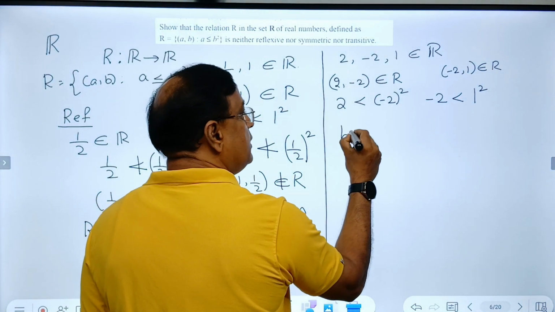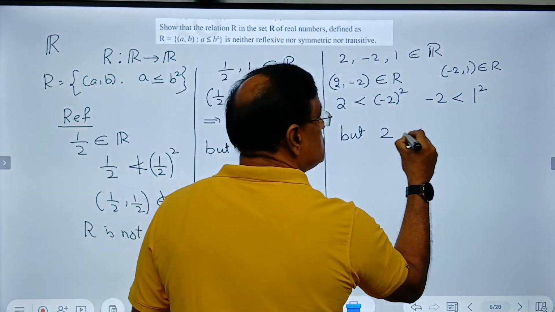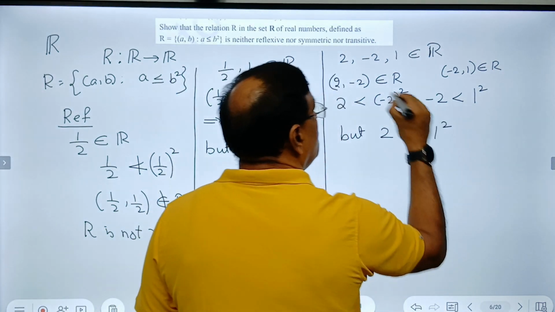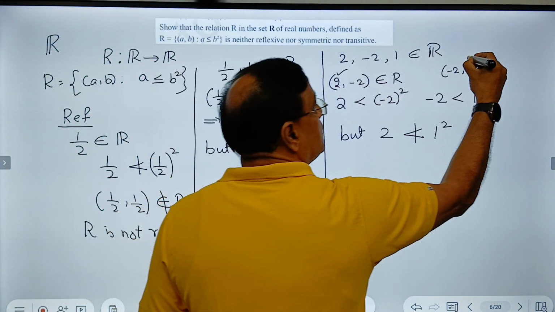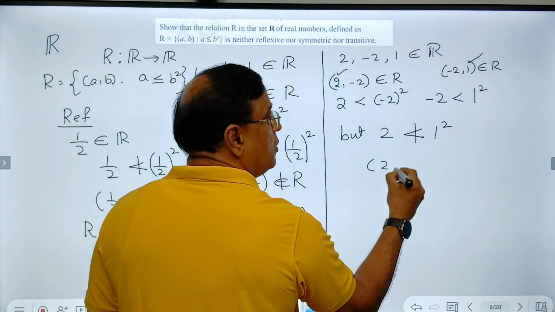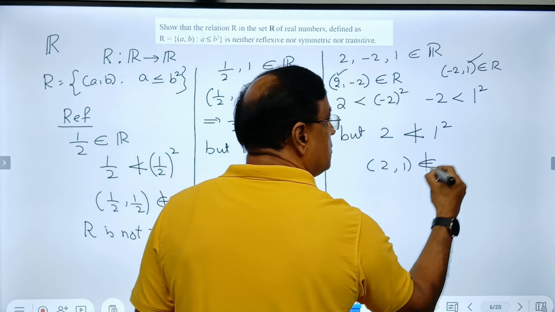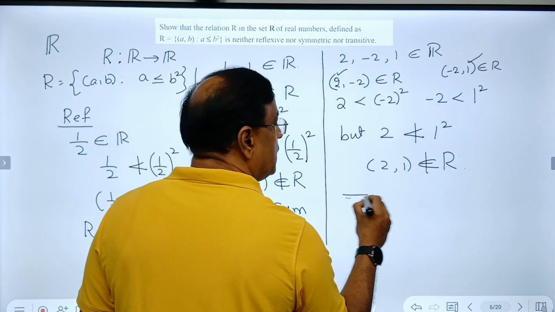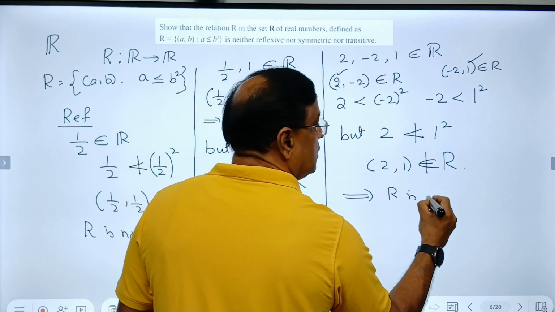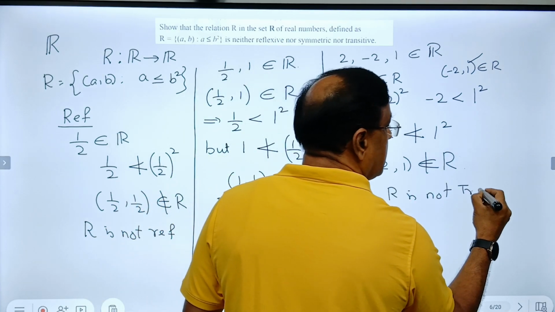But you can see very clearly 2 is not less than 1 squared. You should have got 2 related to 1. It doesn't happen. (2, 1) does not belong to R. This implies R is not transitive.